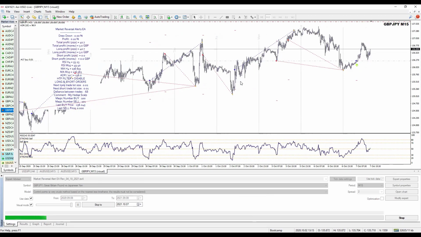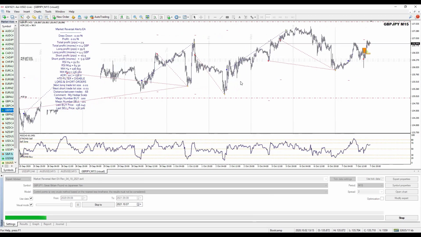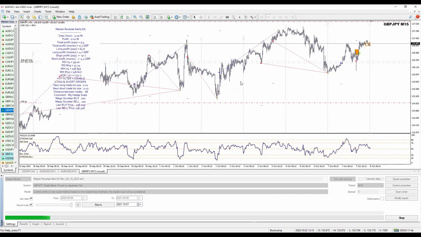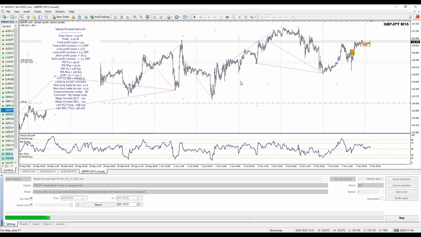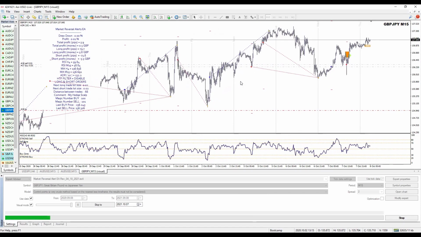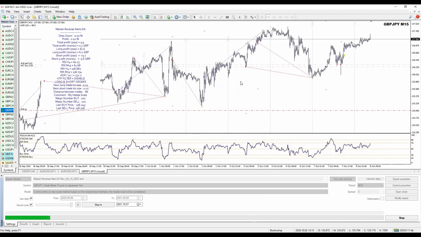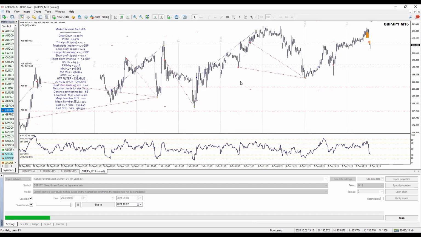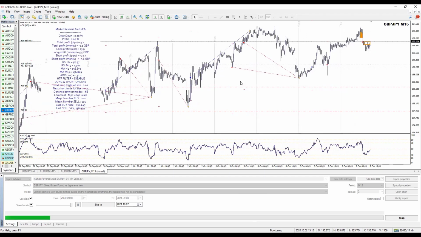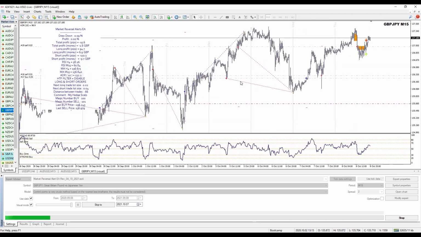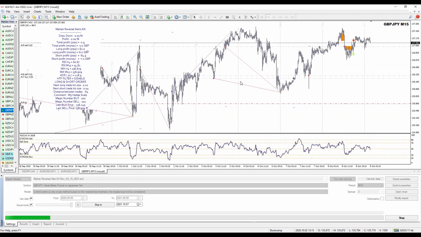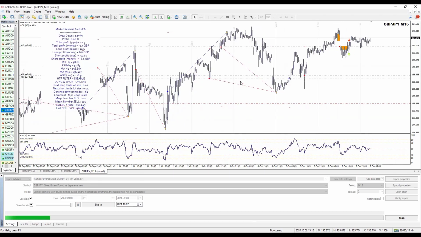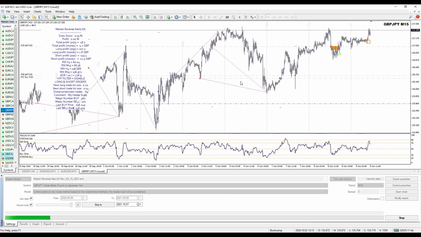Yeah. If we run this same simulation using standard lot sizing, what you would find is we would just be in these positions for a little bit longer because we're not able to get out of them as quickly because our average price is further away. So that's all that the Martingale style entry does, is it just means that you need to take less positions to get out faster.